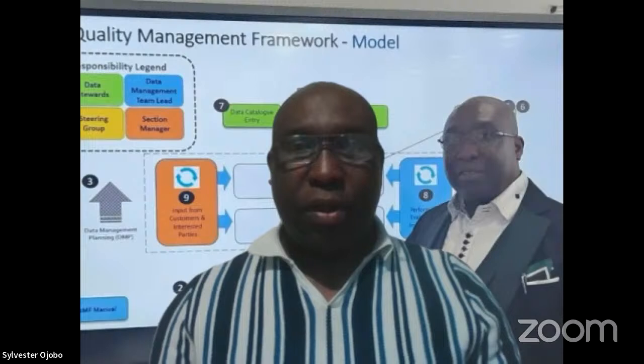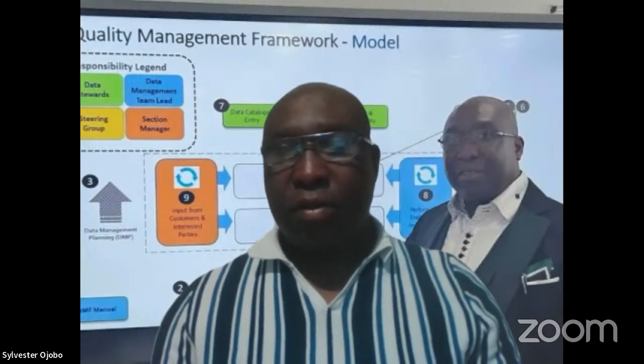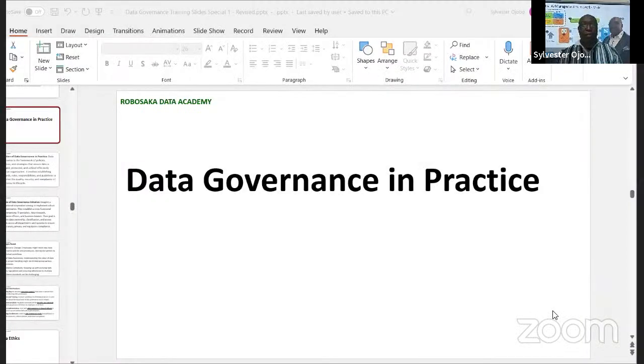So, that being said, as part of our curriculum, we need to understand data governance in practice. Whenever we talk about practice, where does your mind go?